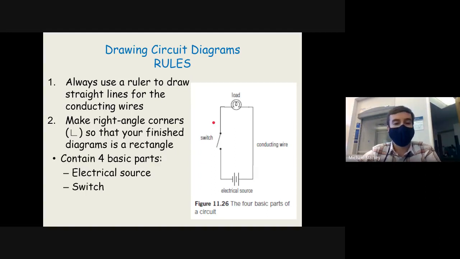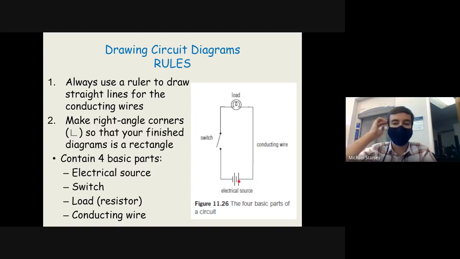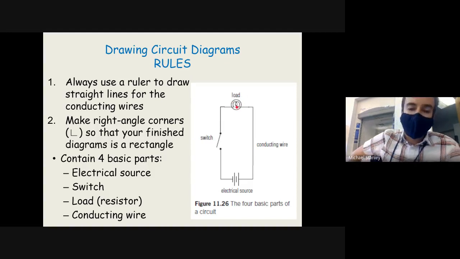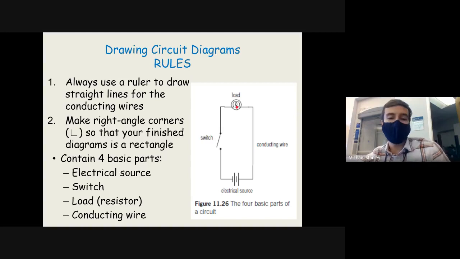And there are 4 basic parts to your circuit. You have your voltage provided by some sort of electrical source. You have a switch, something that opens and closes the circuit. You have your load or your resistor, usually a light bulb or something like that, that provides the resistance.